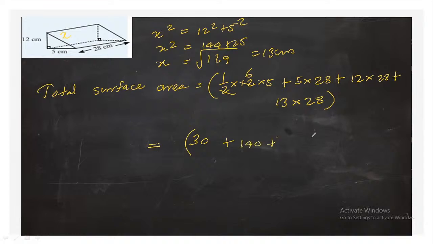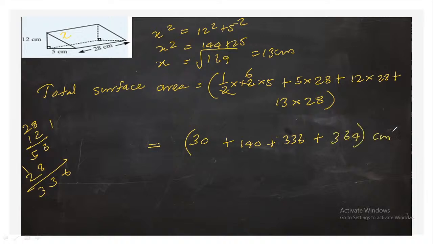Plus 12 into 28, that is 336. Plus 13 into 28, that is 364 square centimeter.